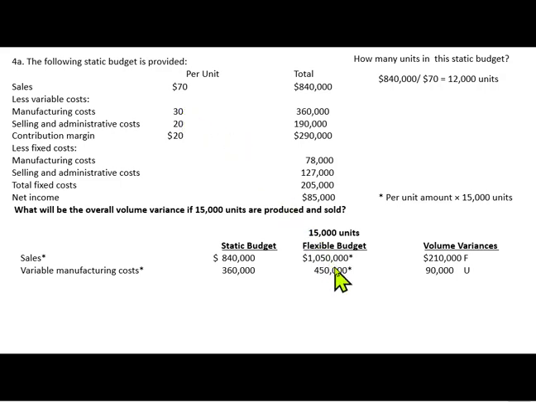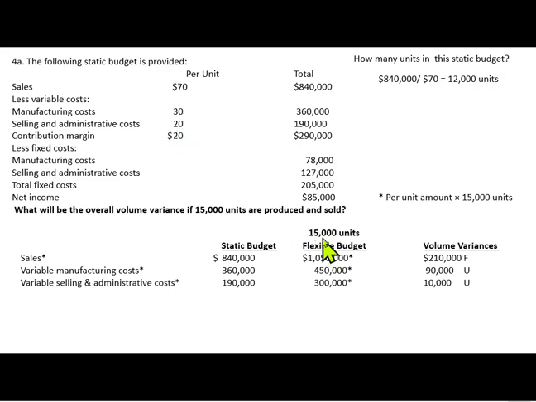In this situation, when you compare the static number to the flexible budget number, it's a $90,000 difference. And since the costs are higher, and you'd expect them to be higher, because we're operating at more units, that means this volume variance is a negative or an unfavorable variance. Variable selling and administrative cost, which would be right here, they're $20 per unit.